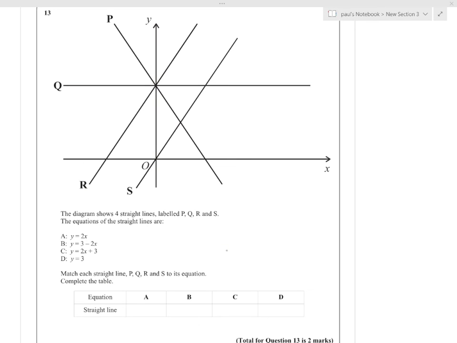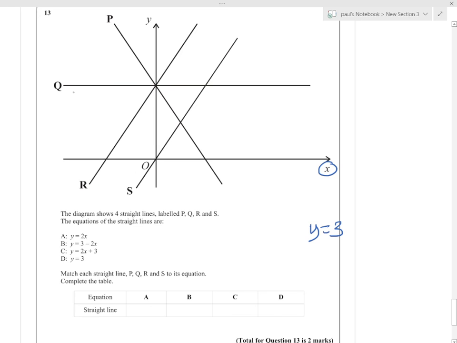So, have we got y equals 3? Here's the x-axis. So y equals 3 is where the y value will equal 3 no matter what.